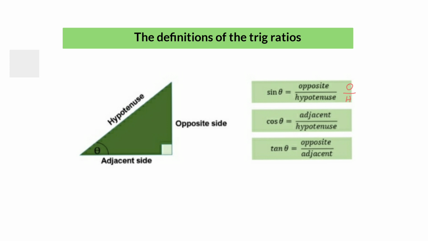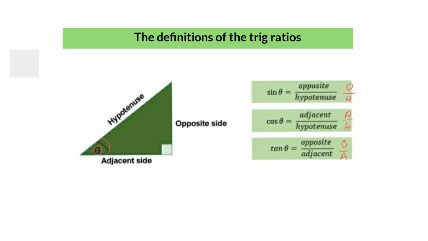It always goes together with a reference angle, as in this case, the reference angle is theta. Cos of theta will refer to the adjacent side divided by the hypotenuse side, A over H. So tan would be the opposite side over the adjacent side. Cos is the abbreviation of cosine, and tan is the abbreviation of tangent.